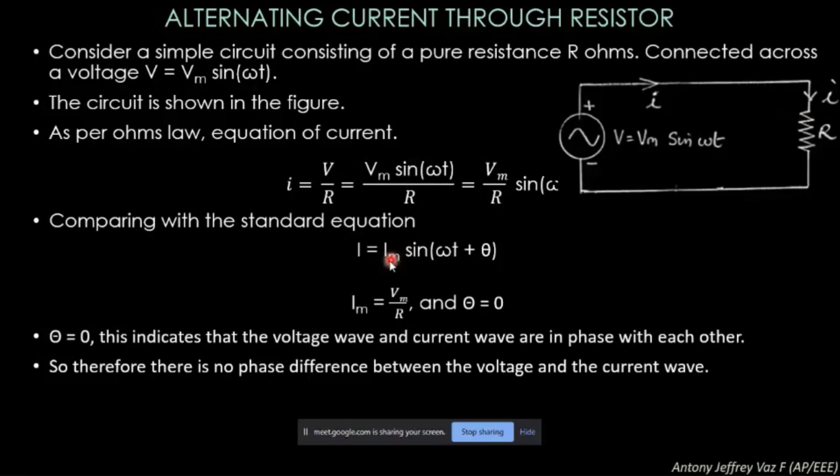So we will get the maximum current Im, and the current flowing through the circuit will be Im sin omega t plus theta. Here the theta term is added because the current will be delivered by the voltage source with an angle.